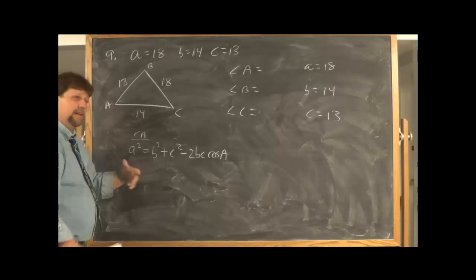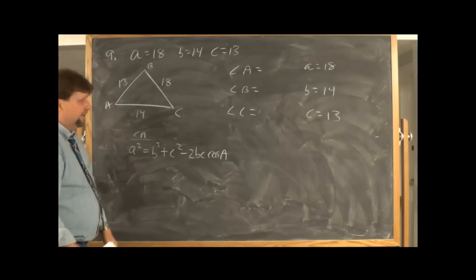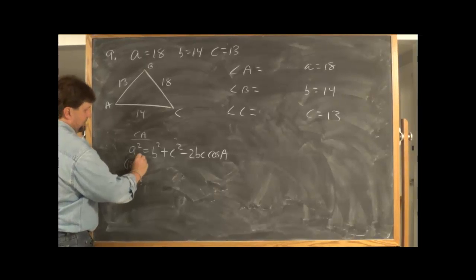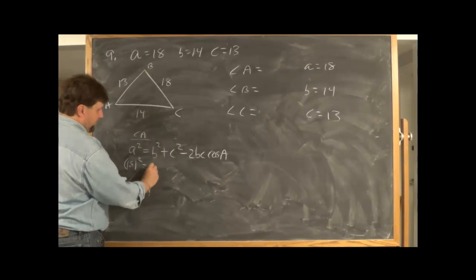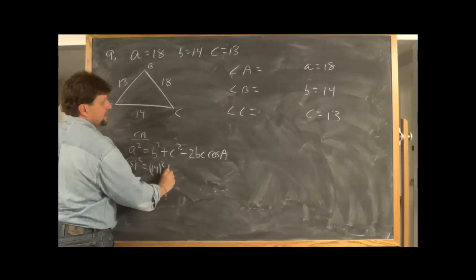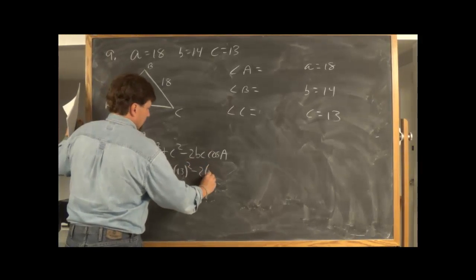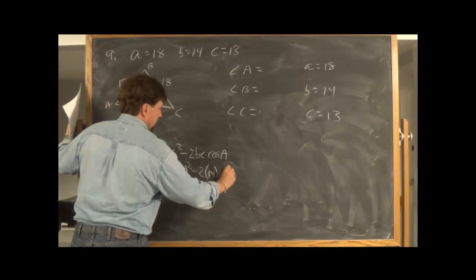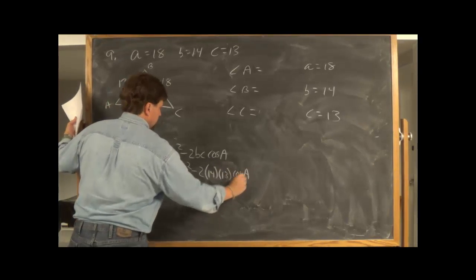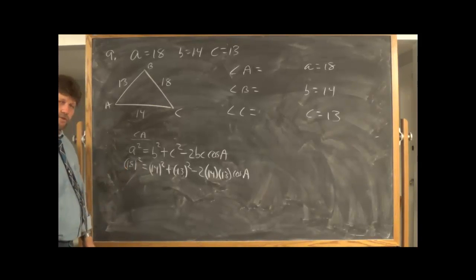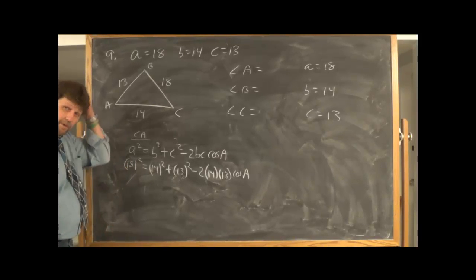If I know this, all I have to do is substitute in what I'm given. Side A is 18, so I have 18 squared. Side B is 14, side C is 13, minus 2 times 14 times 13 times cosine A. And this is just straightforward number crunching.